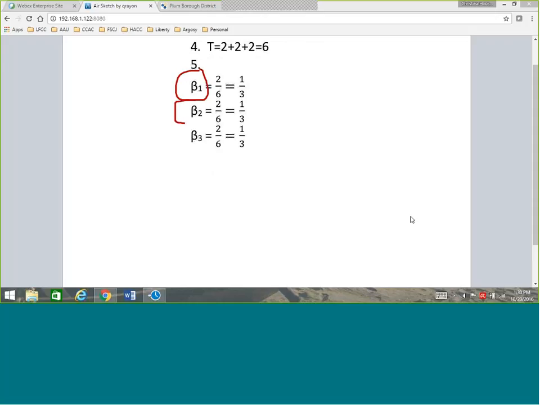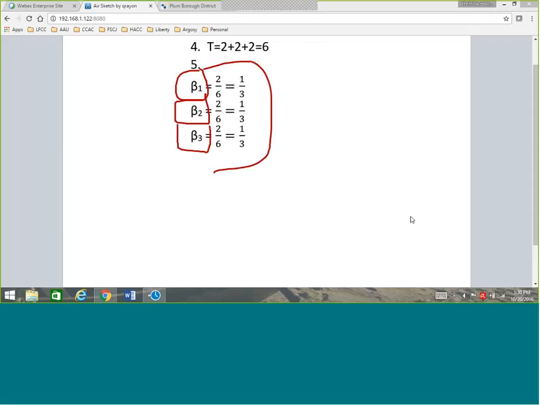The Banzhaf Power Index for player 2, which had a critical count of 2, with capital T of 6, also reduces to 1/3. And the same thing happens with player 3. So we have found the Banzhaf Power Index for each player. And if the website says to write the Banzhaf Power Distribution, that just means it wants all 3 of those.